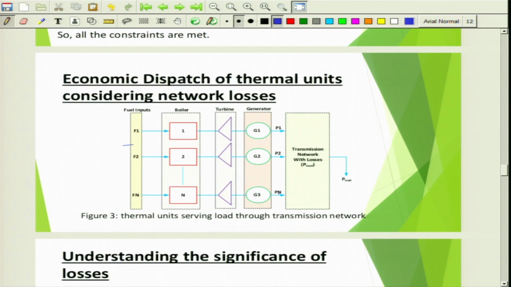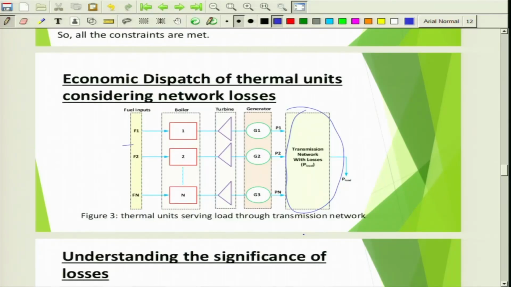So total generation also needs to meet the transmission network losses, because in any practical power system there is generation and there is a load. Generation is far away from the load demand, and there will be a transmission line in between, because of which line losses take place. So we need to include the transmission network losses in order to make it more realistic.